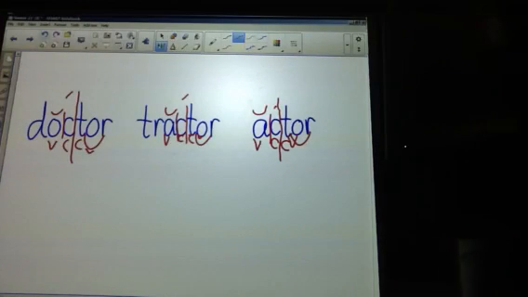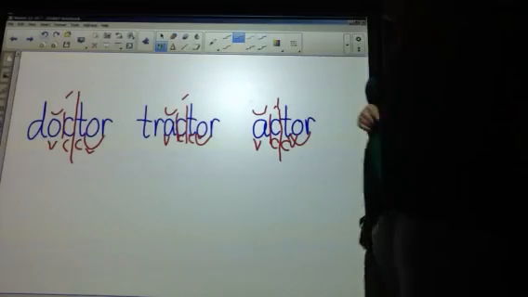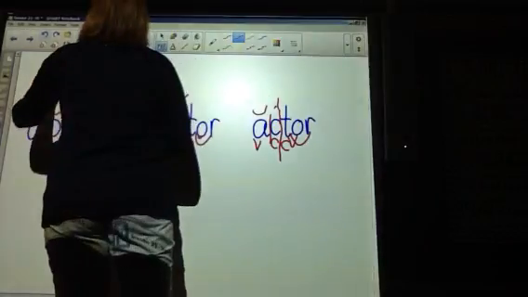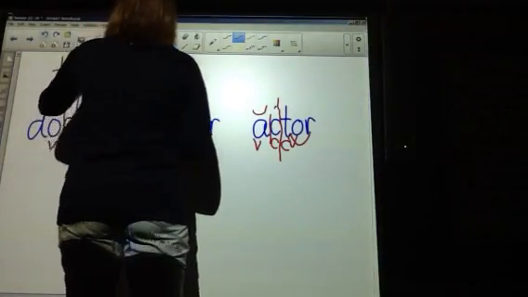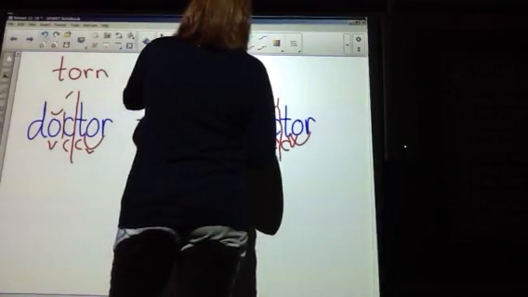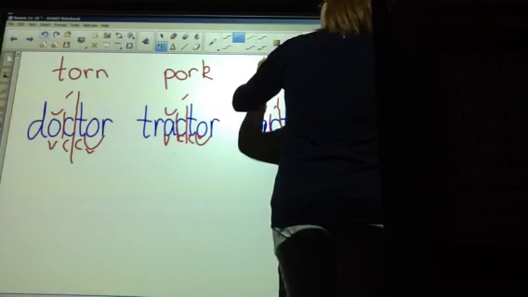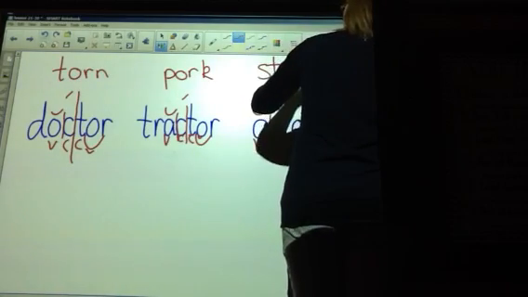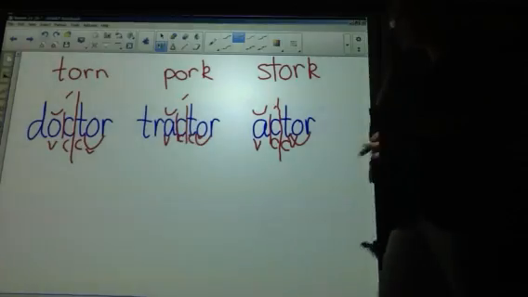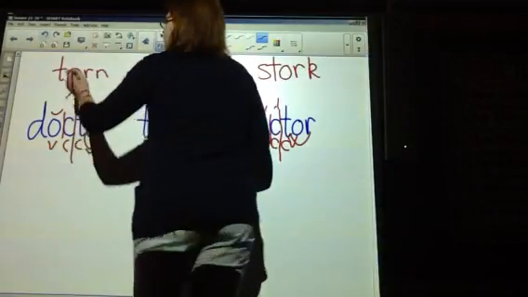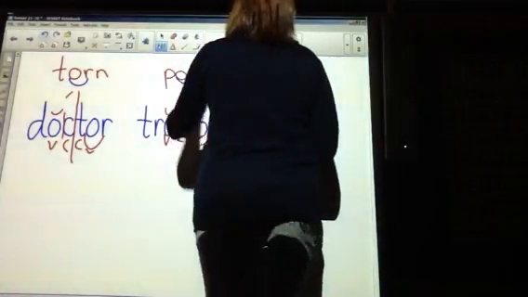Okay, so I'm really confused, because I thought that OR made or, like in torn and pork and stork. Even though it looks like it can be in one word, it can be in another, but it makes a different sound. But why?